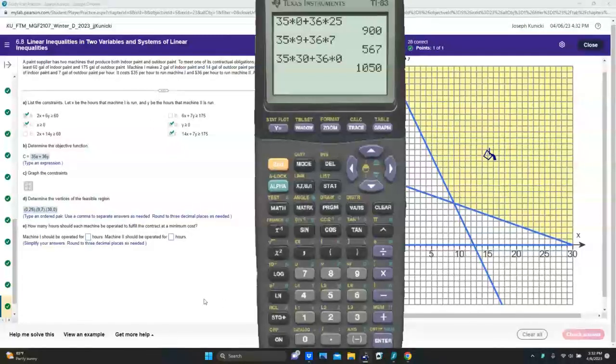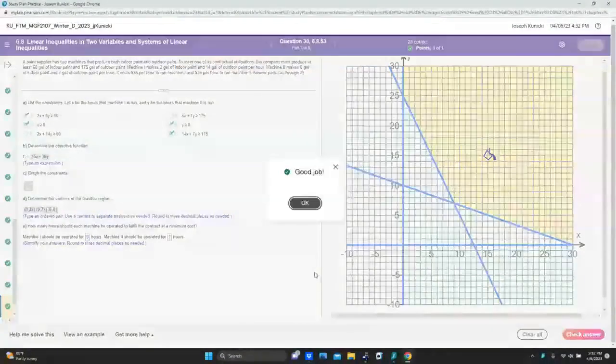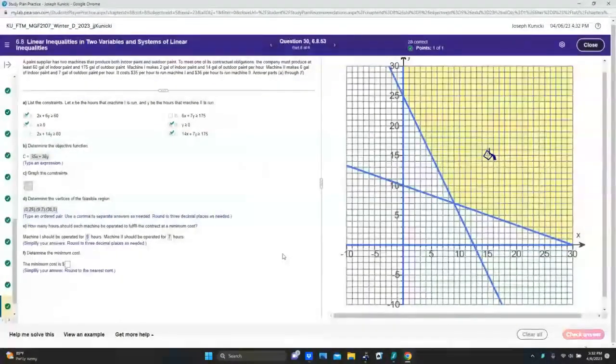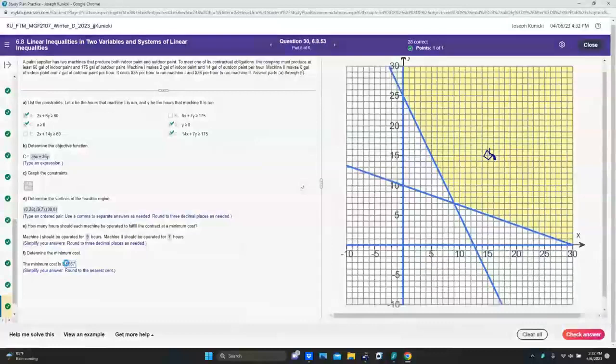Even though we know that doesn't. Wow. Yeah, so it's a whole lot cheaper to run the two machines in conjunction, unless one of them's broken. So we would operate machine 1 for 9 hours and machine 2 for 7 hours. And they're probably going to ask us what the minimum cost is, $567, wasn't it? Yep, $567.